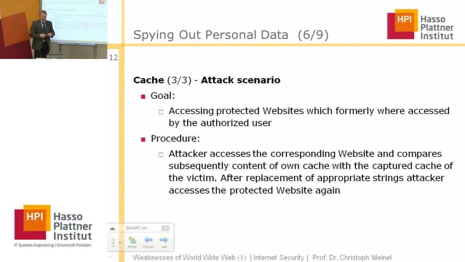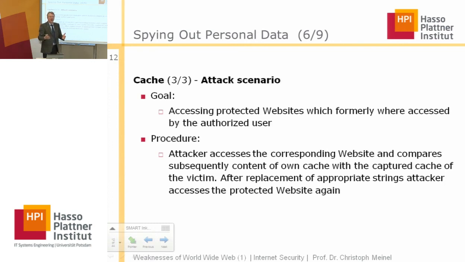So the procedure is that the attacker visits the corresponding website, and then, of course, it will be cached in his own cache, and then he compares his own cache with what was cached on the user side, and then he has only to find out what is the difference.